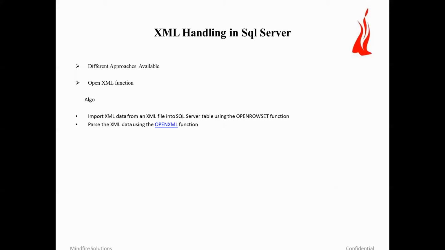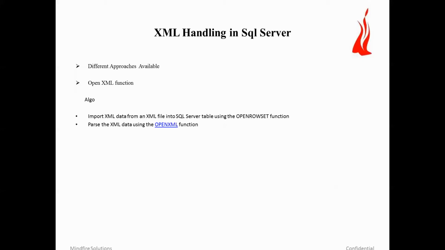Once that XML file has been stored into a SQL Server column, we'll be parsing out the data from the XML file stored in the SQL Server column to read out the different attributes available in the XML file and accordingly store them in the SQL Server columns.